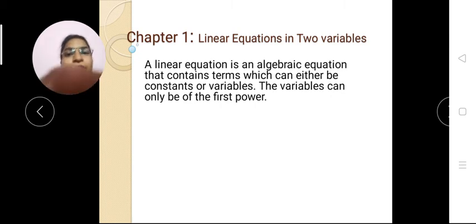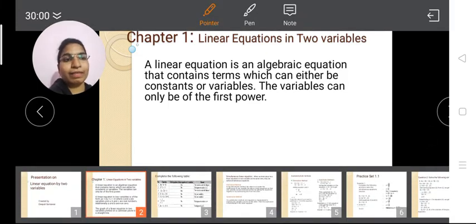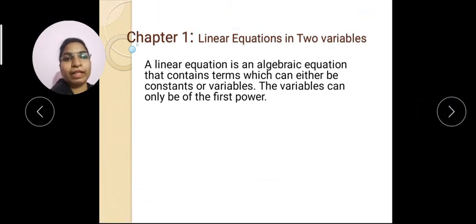What is a polynomial? All of you know very well that a polynomial means many terms. And that also you know the types of polynomial. The types of polynomial are on the basis of number of terms as well as on the basis of degree of polynomial.